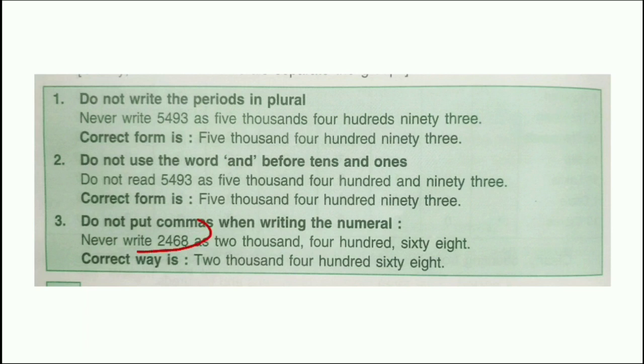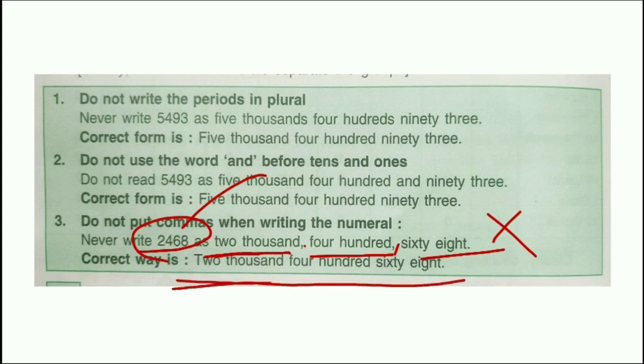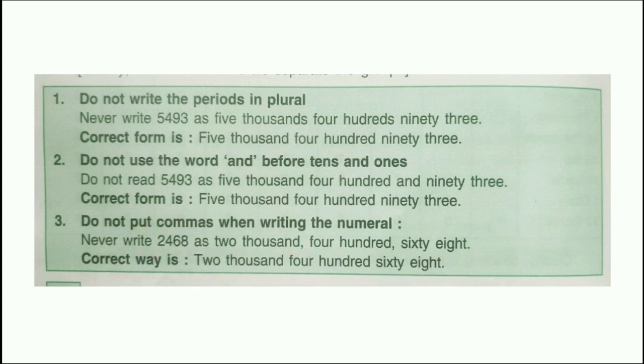Suppose you have to write this in words, 2468. So don't write 2 thousand, then comma, 400, then comma, 68. No, it is the incorrect way. In the numeration we don't use the comma, simply write 2 thousand 4 hundred 68. Got it? Commas are used in the numeral, when we write the number using the symbols, using the digits.